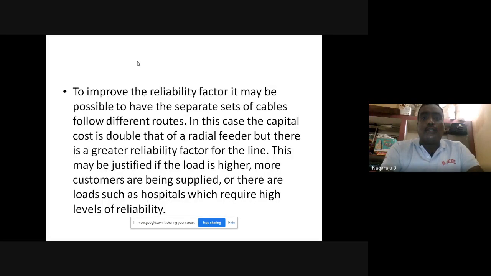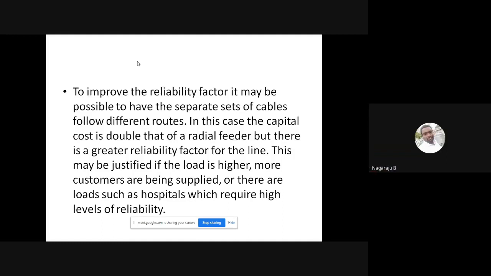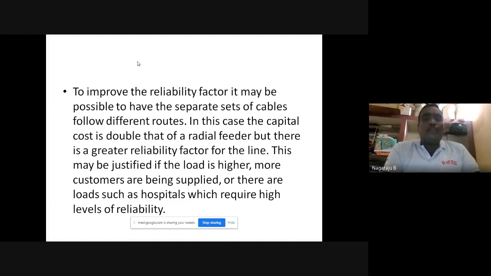To improve the reliability factor for the loop type, it may be possible to have separate sets of cables following different routes. The capital cost is double that of the radial type of feeder, but it has greater reliability compared to the radial type.